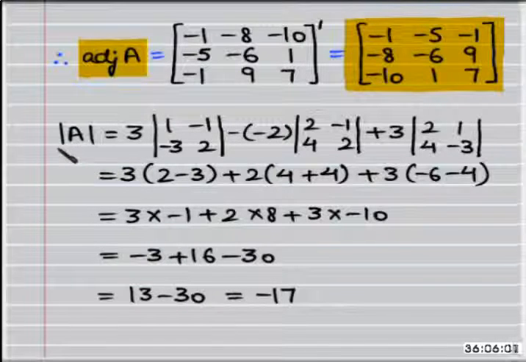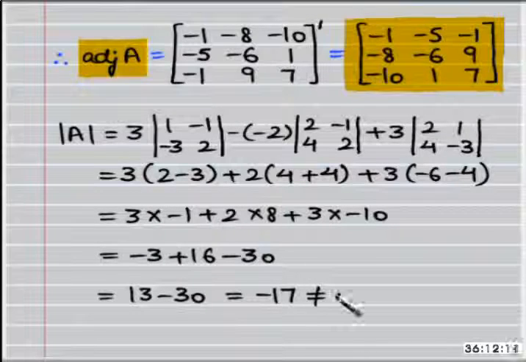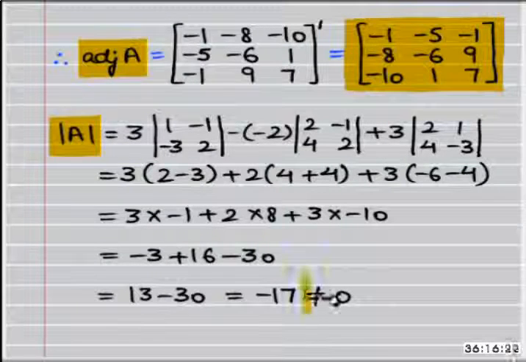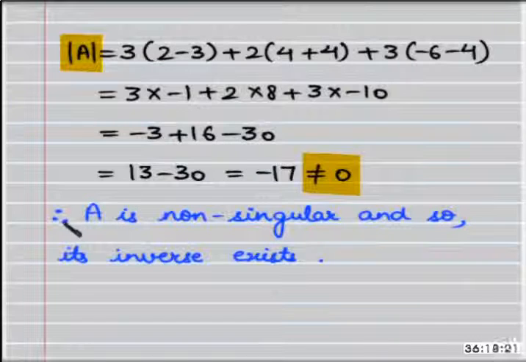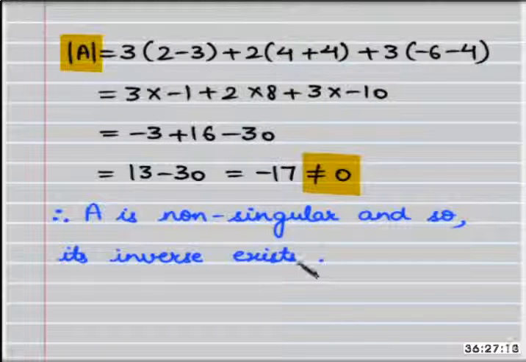Now, as here determinant of matrix A is equal to minus 17, which is not equal to 0, therefore matrix A is non-singular and so its inverse exists.